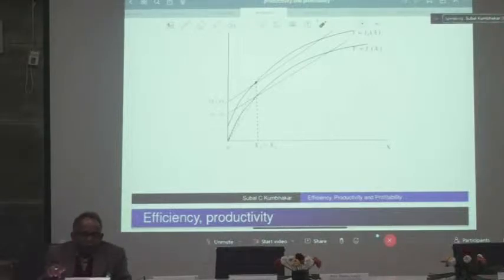You don't need to show it in another graph. It's simple. Right? The only way by which productivity can be increased is through a technical change. We use the word technical change to indicate a shift.